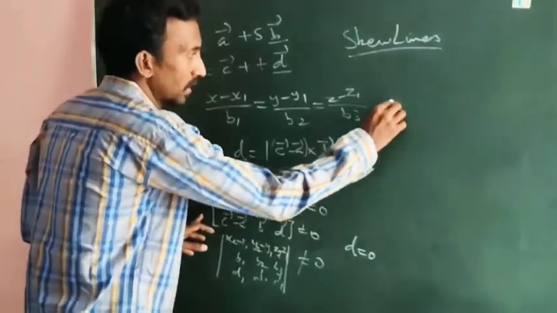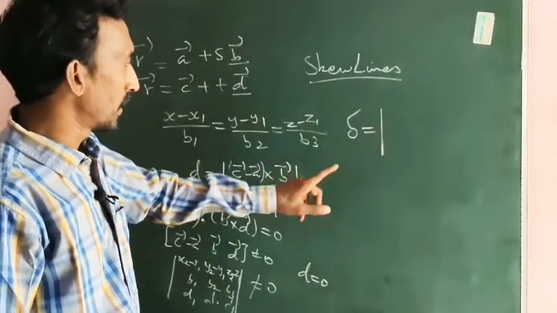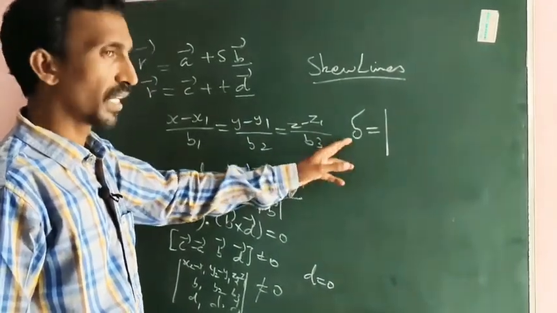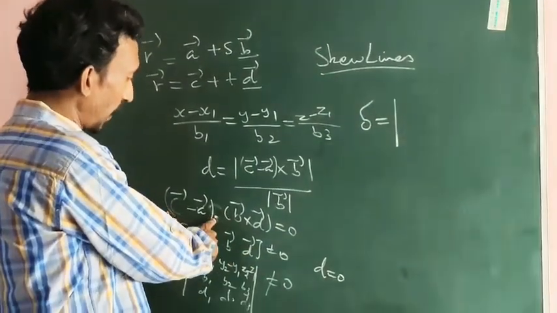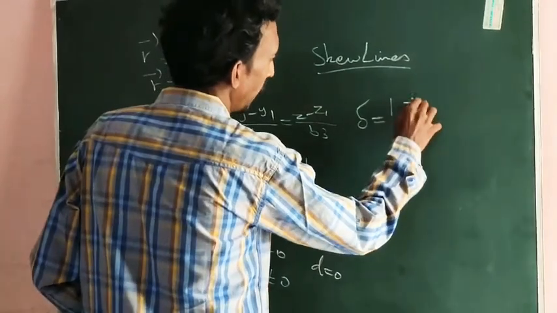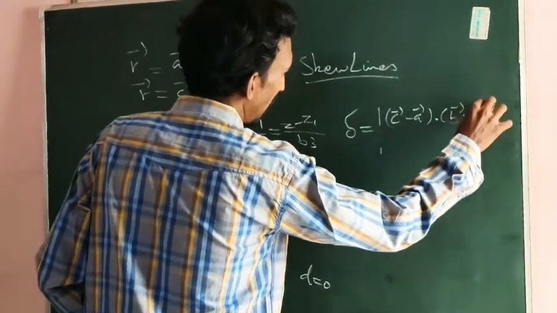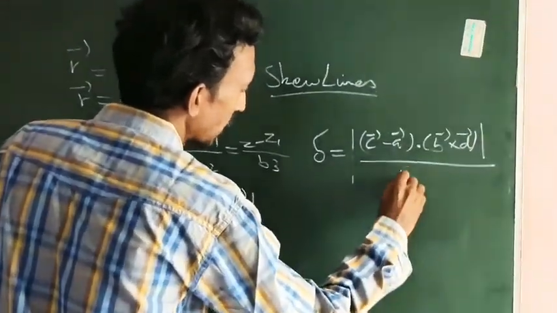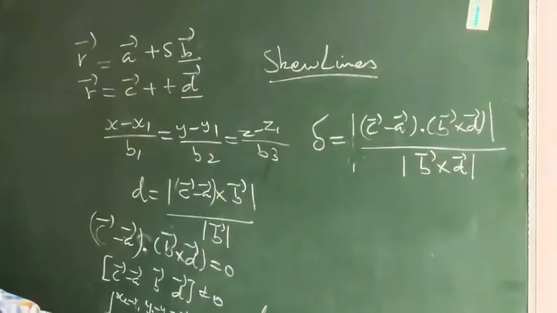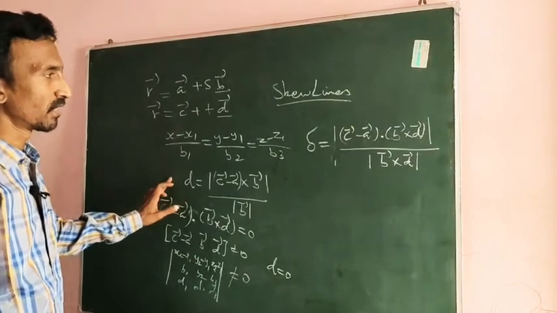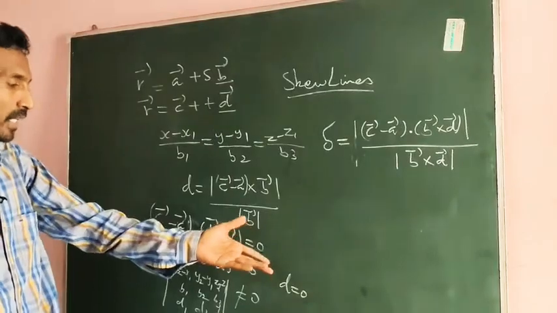The distance between skew lines is denoted by delta, and delta equals the modulus of c minus a dot b cross d, the scalar triple product, by modulus of b cross d. These are the formulas for finding the shortest distance: one is for parallel lines, this one is for skew lines. Intersecting means automatically 0.